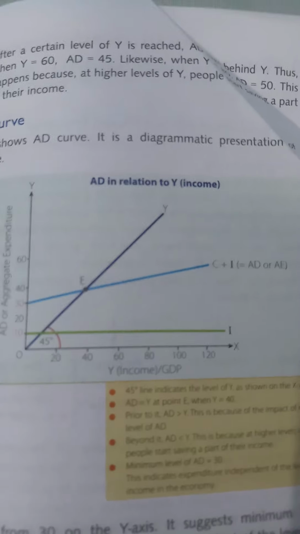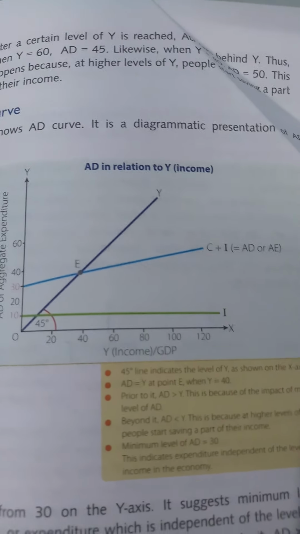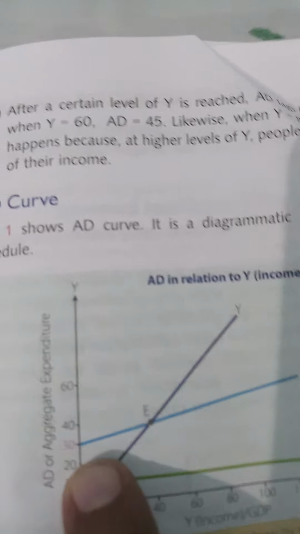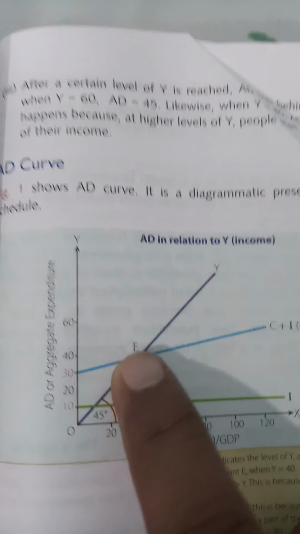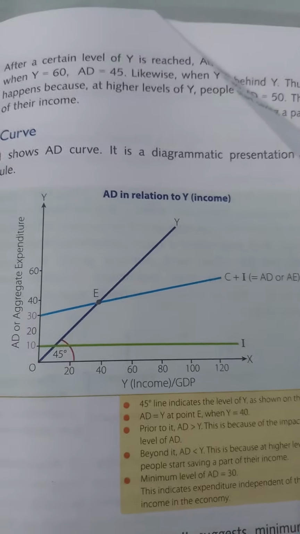The income line, the Y line, is a straight line only because the rate of increase in Y is constant. Similarly, you can see over here this line is called the AD line. It starts from the point 30 because that is the value of AD at the lowest income, and then it also rises upward, which means that as income increases, AD also increases.